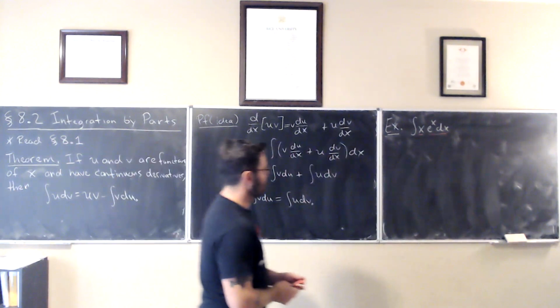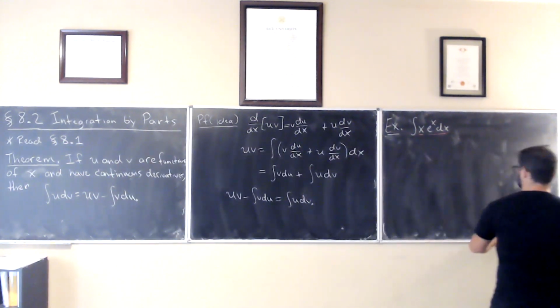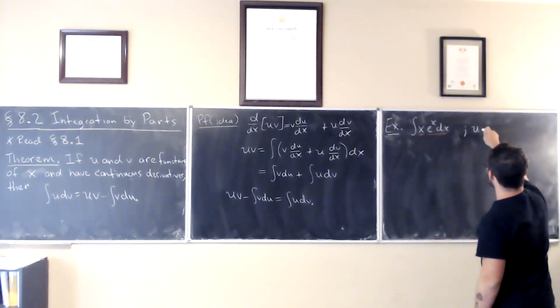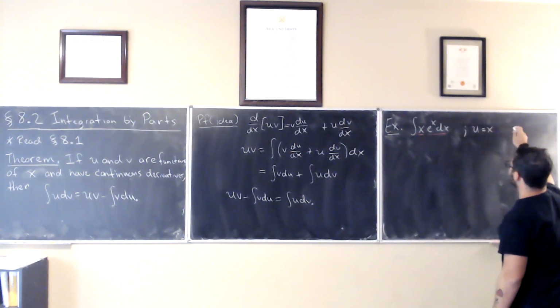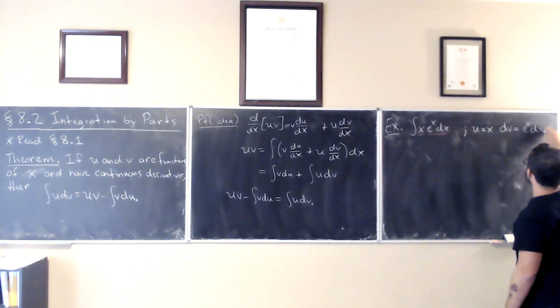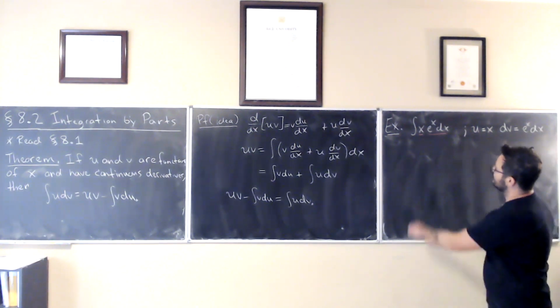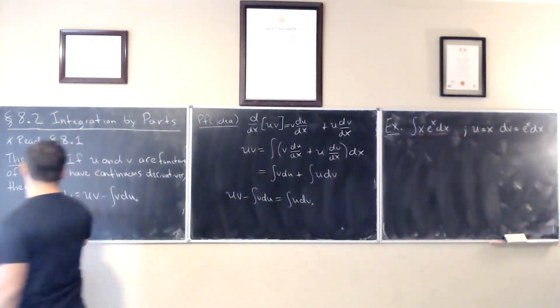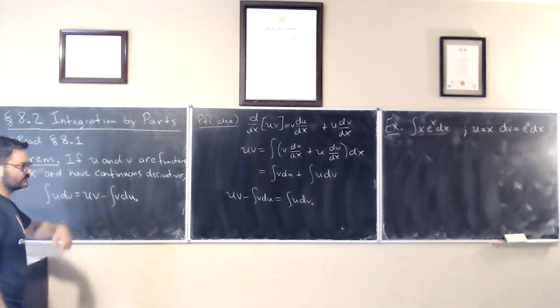So what I can say is, let u be equal to x and dv equal to e to the power x dx. Once I do that, I have the integral of u dv, which means that I can write out this equation here.